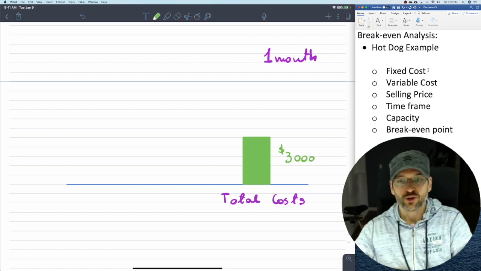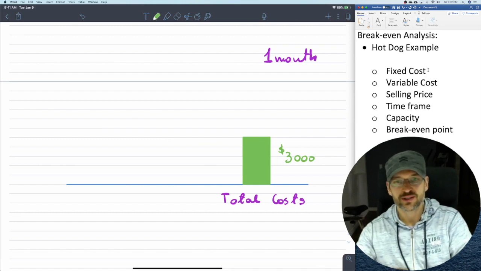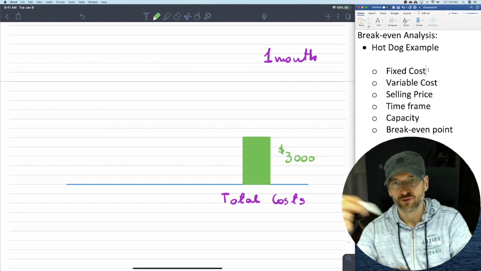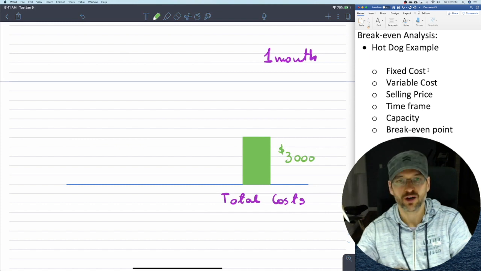Now, your variable costs: every time that you sell a hot dog, you have to pay for the hot dog wiener, for the bun, for the ketchup and mustard, and so on.